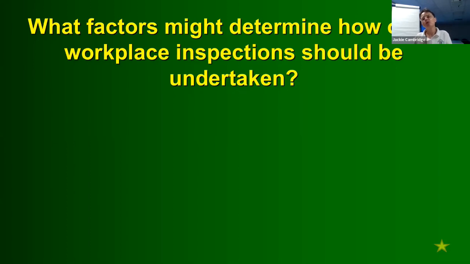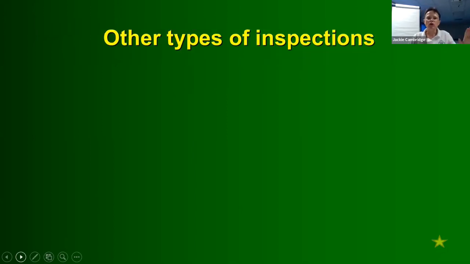It might be the requirements of your own policy or your safety management system, and depending on what industry you're in, it could be your customer or client. Because if your customer or client wants evidence that you're managing health and safety effectively, you might do inspections more often.